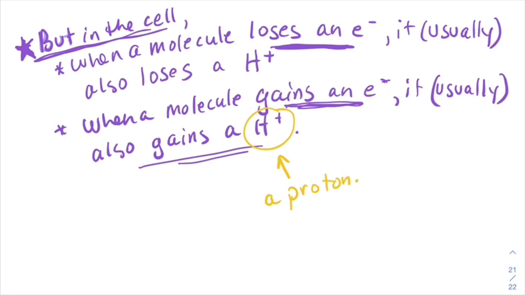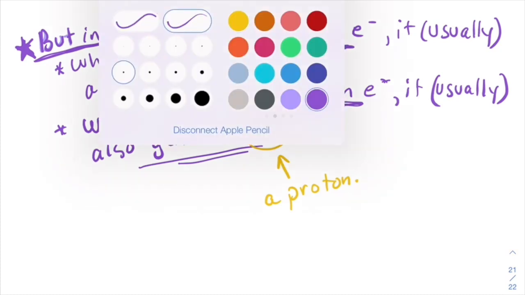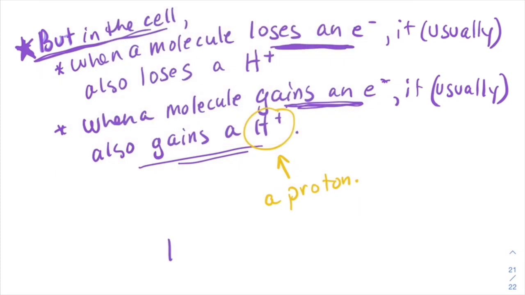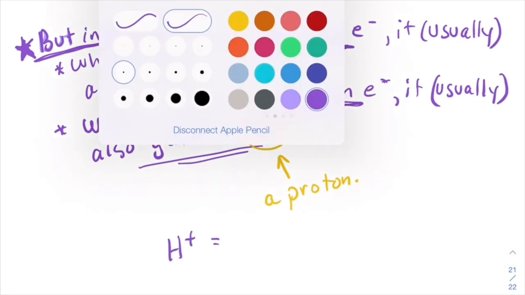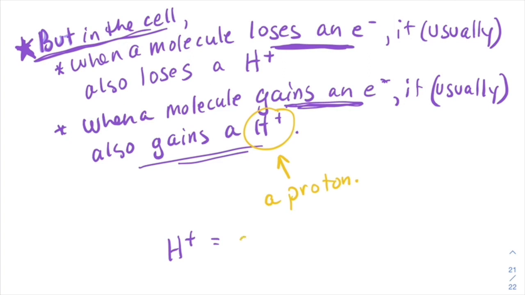And I'm telling you that I have not lost my mind, but I am telling you that I know this. This is true, that a hydrogen plus one ion is equal to a proton.